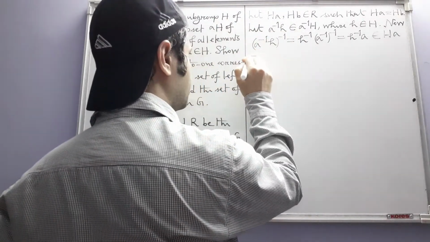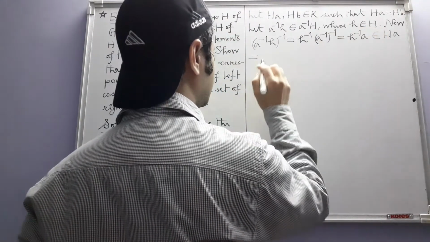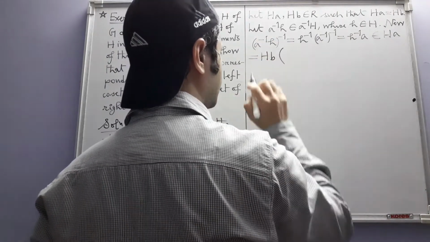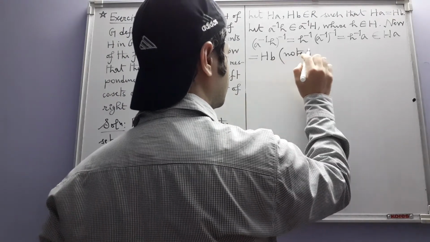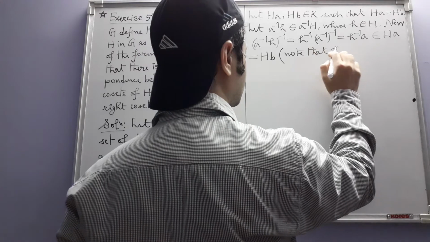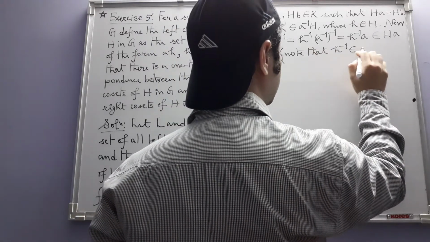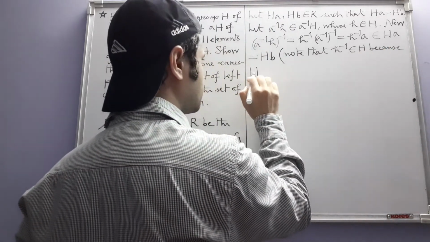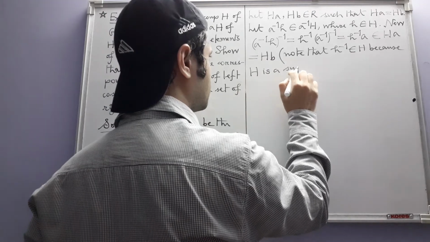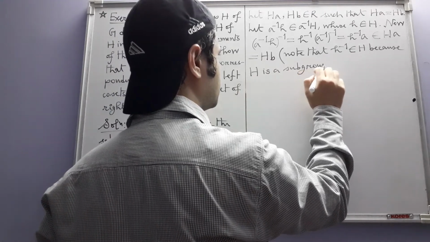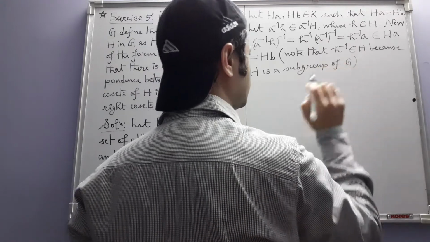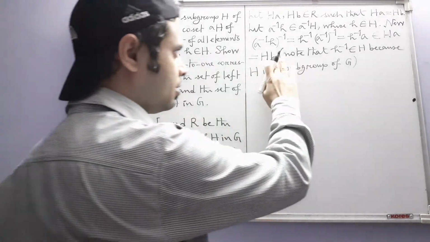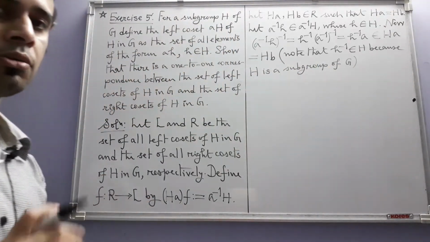But Ha, according to the way we have taken Ha and Hb, this is equal to Hb. In bracket we can write, note that h inverse belongs to H because H is a subgroup of G. Since we are still working with elementary group theoretic techniques, we will write things in detail for now at least.